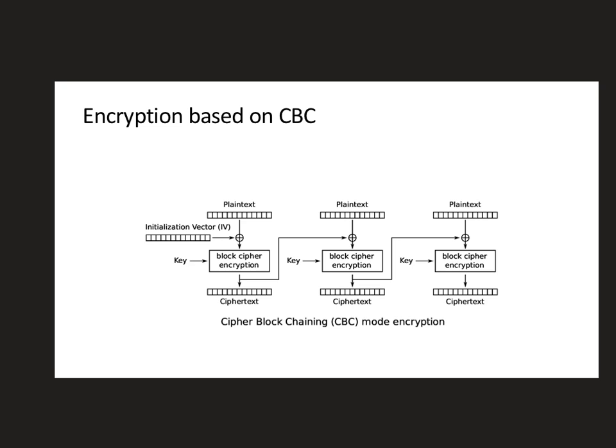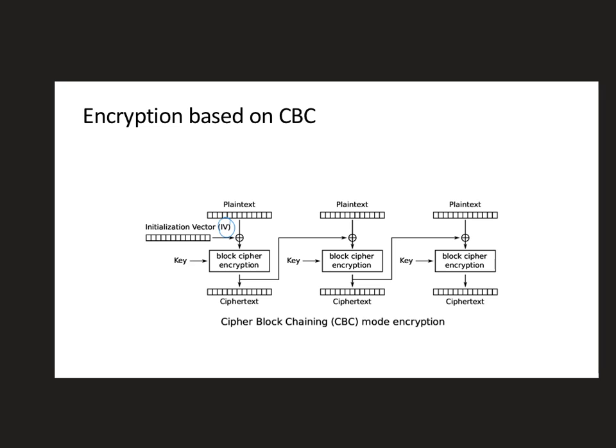In CBC mode, each block of plaintext is XORed with the previous ciphertext block before being encrypted. This way, each ciphertext block depends on all plaintext blocks processed up to that point. To make each message unique, an initialization vector, which is IV, must be used in the first block.